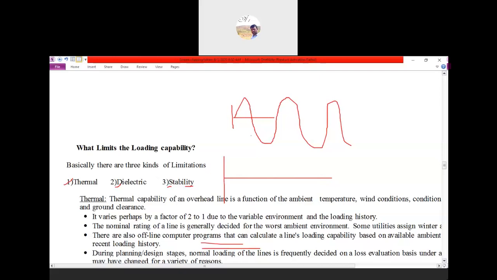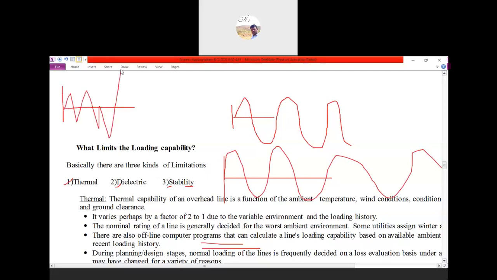Now if we consider the FACTS devices, it will be like this. Here in the same mesh loop, by using the FACTS devices, we are injecting voltage into the transmission line. The impedance is reduced by injecting the voltage using series capacitors.